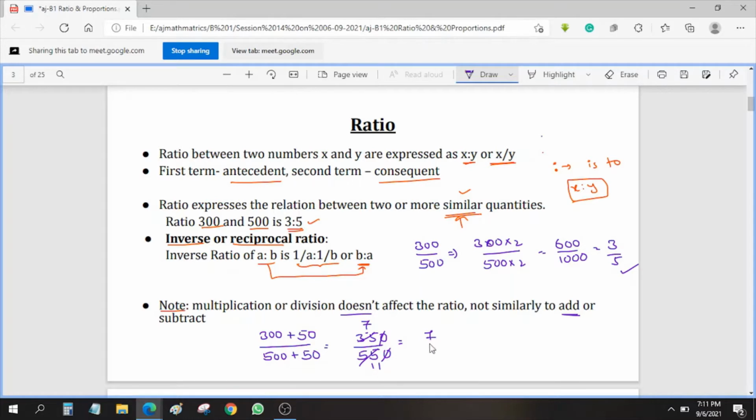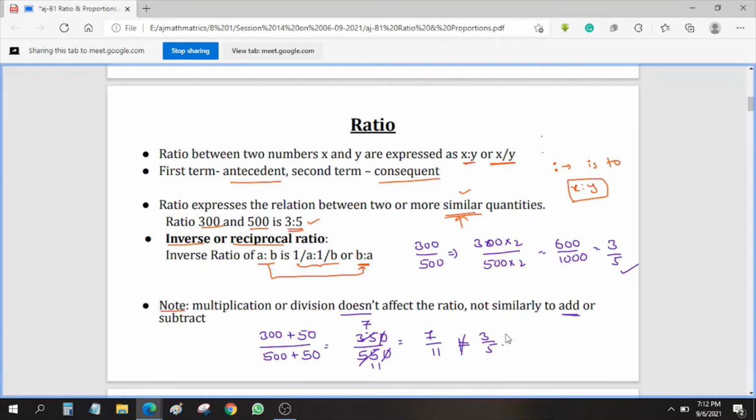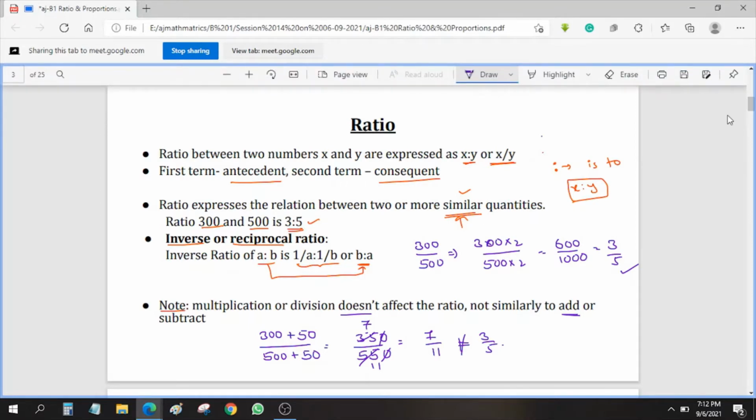Now see what the ratio is: 7 by 11, which is not equal to 3 by 5. So be clear, multiplication and division do not affect the ratio, but addition or subtraction changes the solution a lot. Be clear about this point.